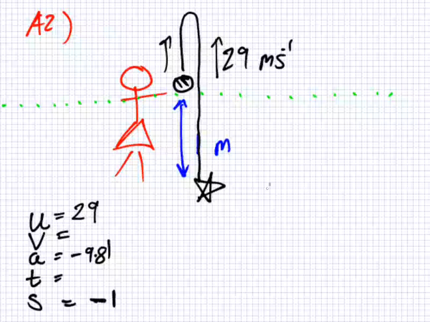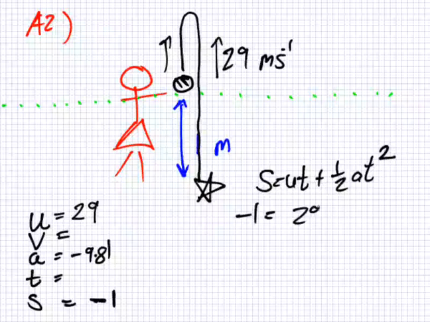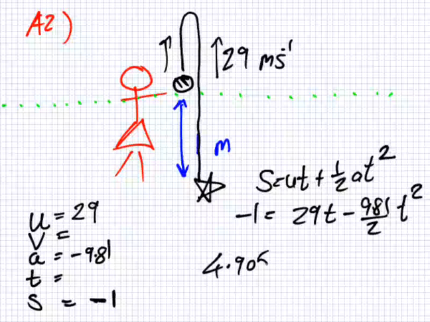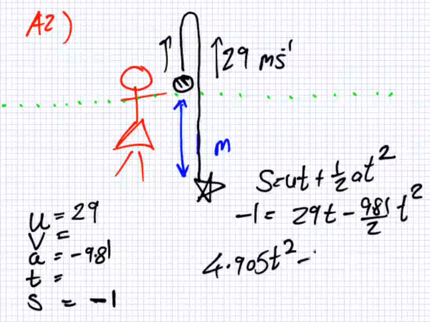Try it again. 29 meter. Wow, getting desperate now. Getting really, really desperate. No, nobody. Go on. -1. Finally. -1.